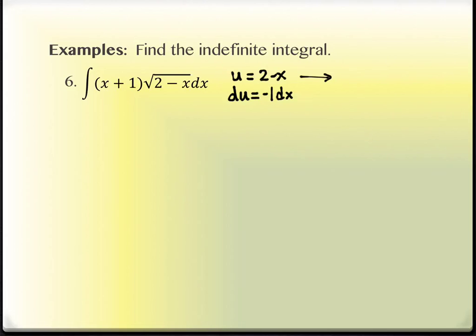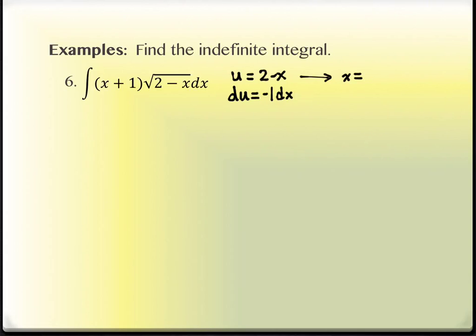So I don't have, as of yet, a way to eliminate that x plus 1 on the outside with this u substitution step, right? But I do have a relationship between x and u, don't I? The very first one. U equals 2 minus x. Yes? So x is equal to, go ahead, Garrett.